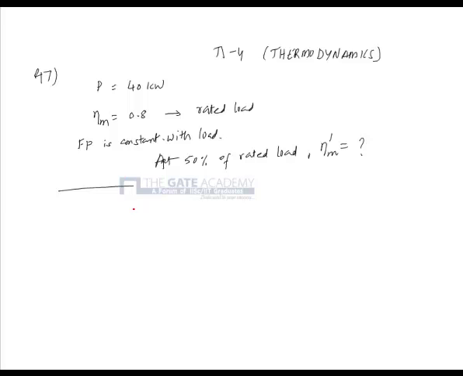So one thing you have to understand is the power that is produced by the engine, after all my cooling losses from the cylinder jacket and all that, the power that comes out is after the heat losses, and that is indicative power, which is denoted by IP.